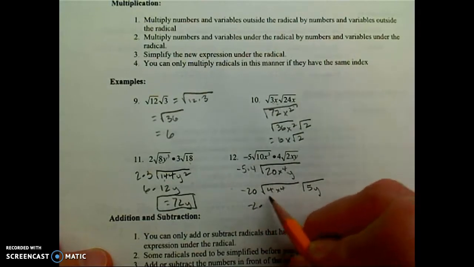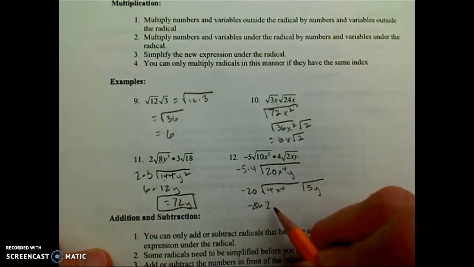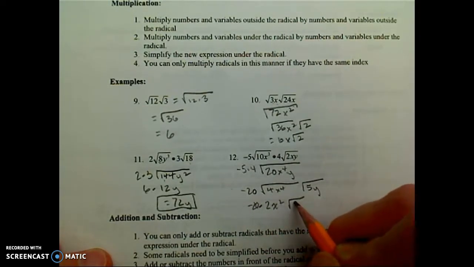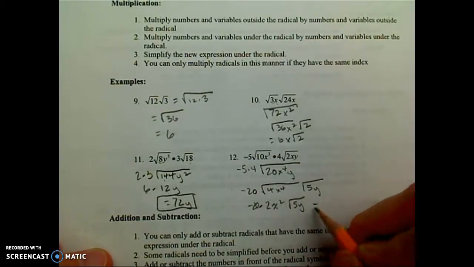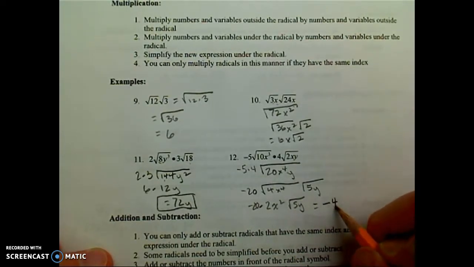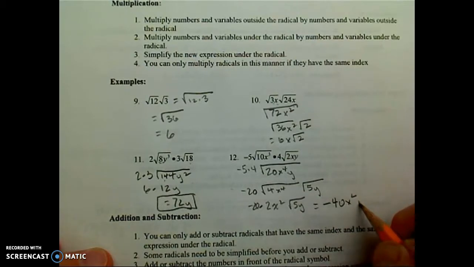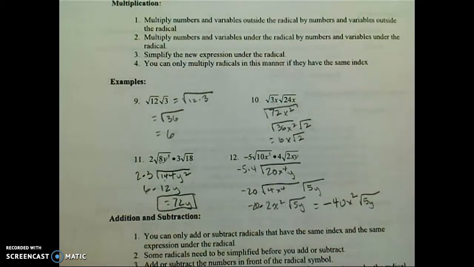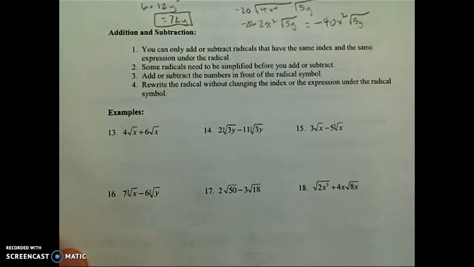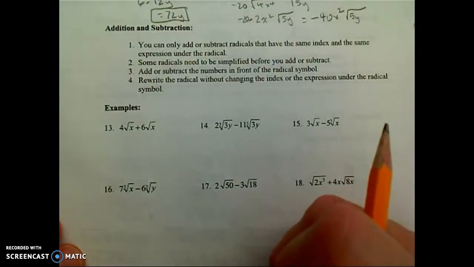So negative 20 times 2 x squared times square root 5y. So let's simplify one more step. Negative 40 x squared square root 5y. Moving kind of quick through these, but once you get the hang of it, they do tend to go pretty quickly.